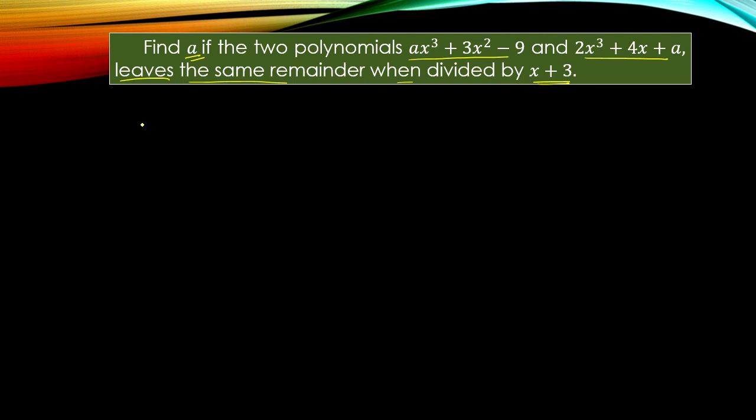What is the meaning of the question? The question says that if ax cube plus 3x square minus 9 is divided by x plus 3, and the second polynomial, that is 2x cube plus 4x plus a, is divided by x plus 3, we are getting the same remainder.